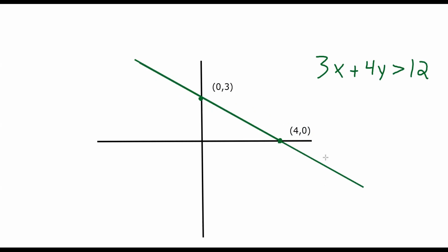So here's the line. If I were to pretend this was an equation, here's the line. Now it's a strict greater than. So this actually needs to be a dashed line. So I'm going to dash it. I use a clever little trick to dash it. I can't just use this eraser tool because it'll erase the entire line.